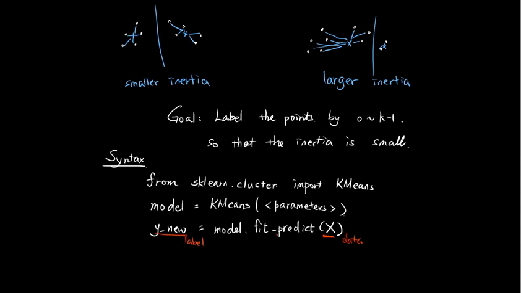You will notice that this time it is a bit different. We are doing the prediction instead of the transformation. Recall, if you are doing x to x new, this step is called transform. And today we are going to do x to y new, right? We are transforming the data into the labels, and so this is prediction. It's predict.